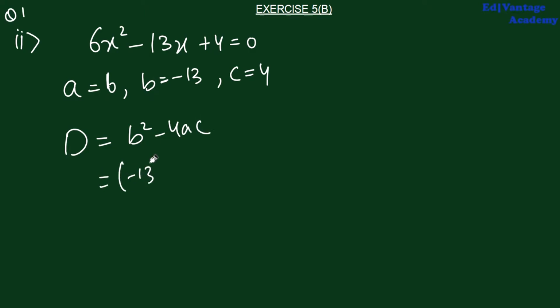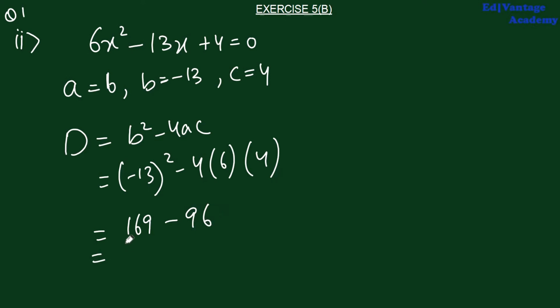So it is minus 13 whole square minus 4 into a into c, and minus 13 whole square is coming as 13 times 13 is 169, and square of minus is positive, and 4 times 6 times 4 is 96. So 169 minus 96 is coming as 73.